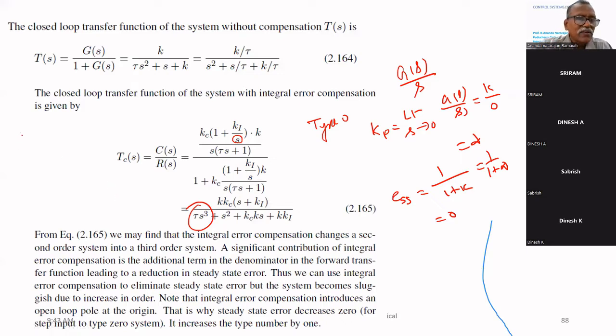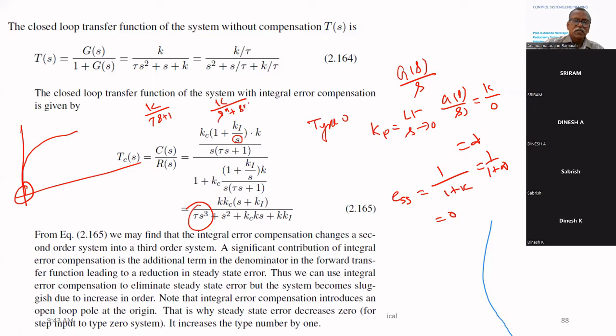I will explain it this way. If you draw the response of K by tau s plus 1, it will be like this. The initial slope is 90 degrees. Suppose I have an nth order system, s power n plus s power n minus 1 plus etc. If you draw the step response for that nth order system, it will be like this. Initially, it is not able to increase.